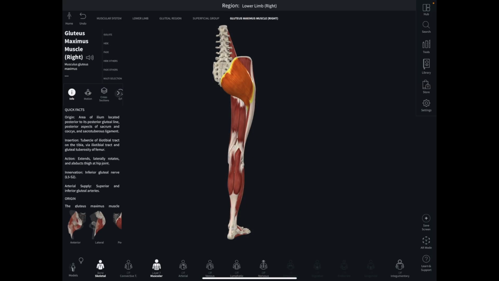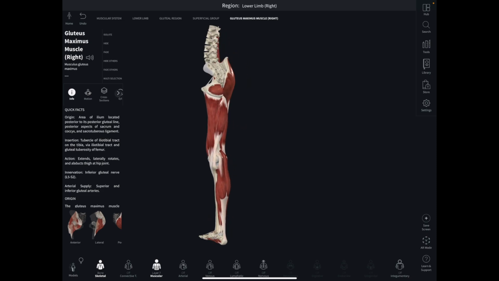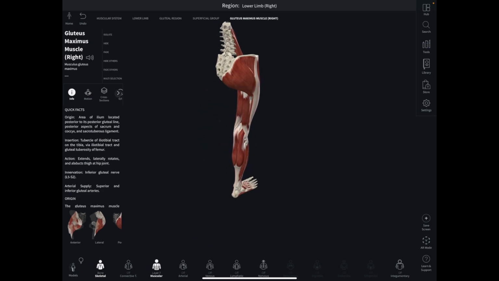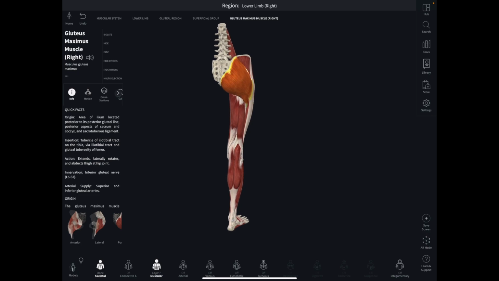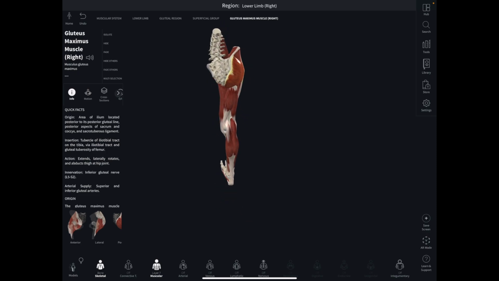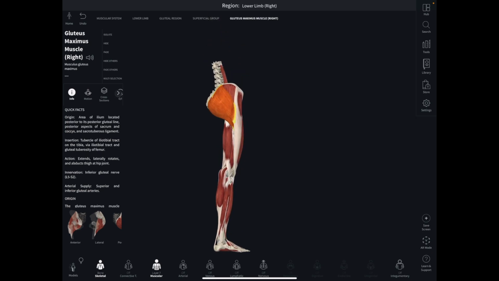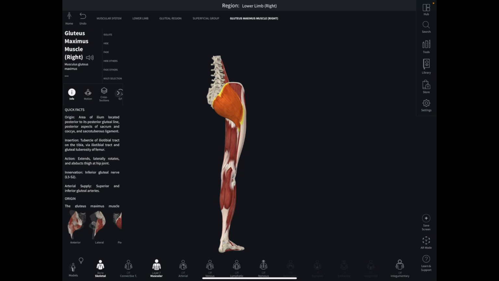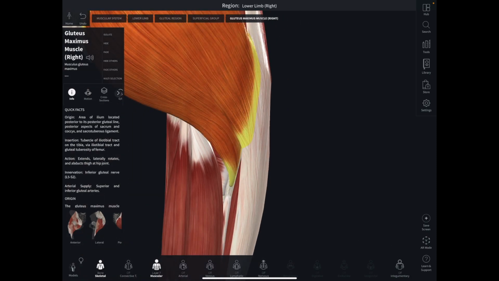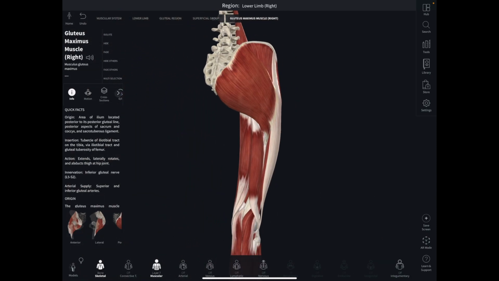So this is still gluteal region. Okay, so here we have the gluteus maximus, and we can see that its origin is along the sacrum and the edge of the ilium up top, posterior to the posterior gluteal line. And then we see it inserts into the IT tract, and you can see right here, onto the femur on the gluteal tuberosity.